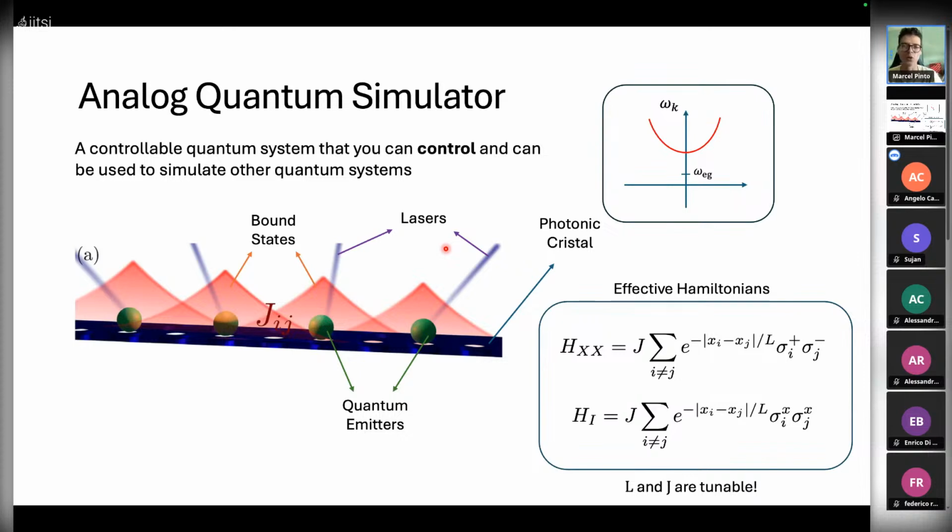The nice thing is you can write the effective Hamiltonian for this kind of simulator, and it looks like this, where J is the interaction strength, and the interaction shape goes like this exponential, where xi and xj are the positions of each qubit. And the nice thing is they can tune the J and the L, so they don't have to be fixed across the whole system. This is the very nice thing that they are going to exploit in this paper.